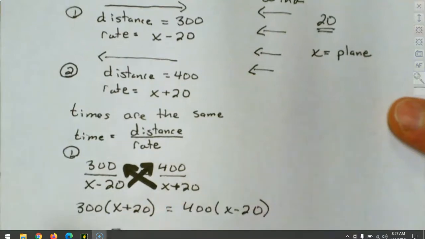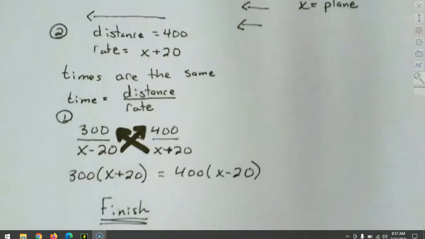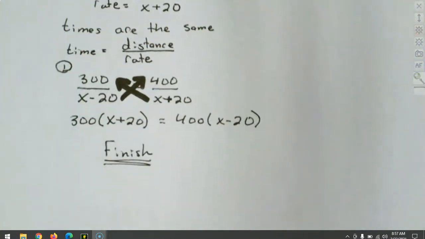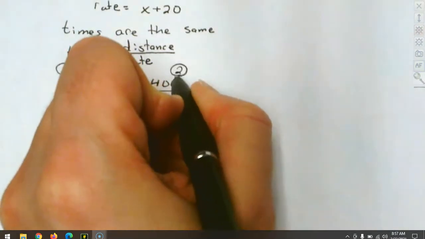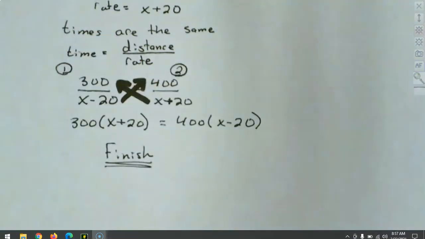And you can finish it from here. So you distribute that 300 through, distribute that 400 through, and solve it out. Just like the last one. And this is 1, and this is going to be 2 over here. I like to label everything so we can keep track of it all.